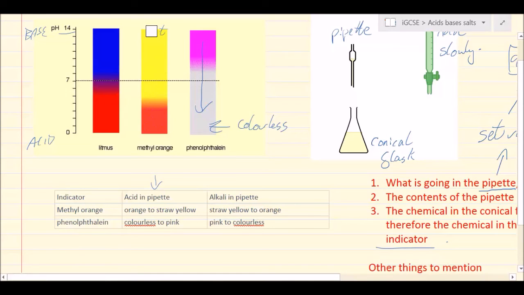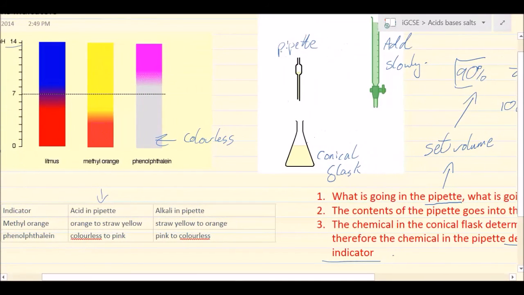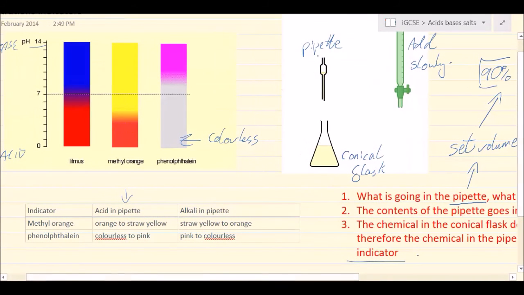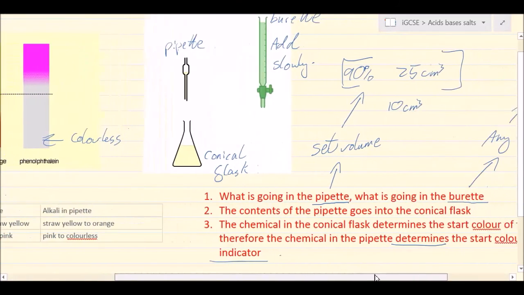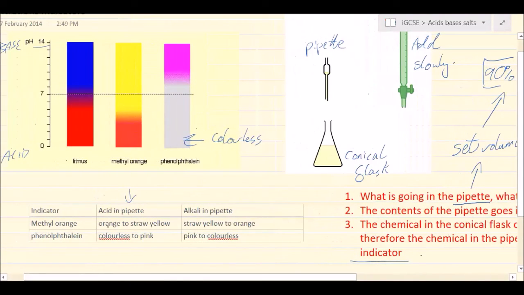Okay, so that indicator at the end, the color change, it does matter and you will be penalized if you say the wrong color change. So just remember, whatever's in the pipette goes in a conical flask, and that determines the starting color of the indicator. This is point 3, and this table should help.